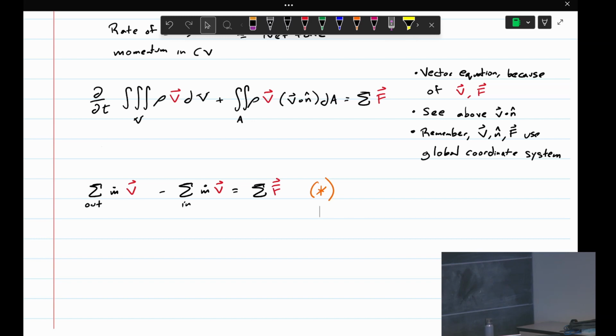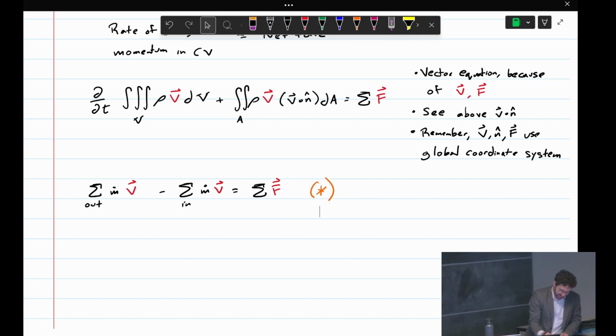So both of these terms on the left-hand side come from this term. The v there is the same v vector, and this rho v dot n, that's just m dot. It's actually what we get in the conservation of mass. So the area integral of rho v dot n is just m dot.